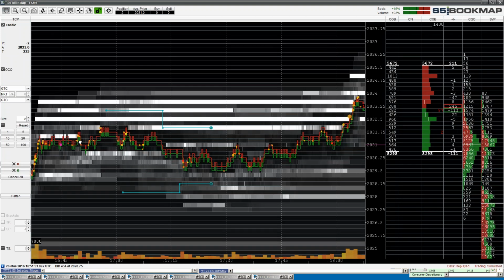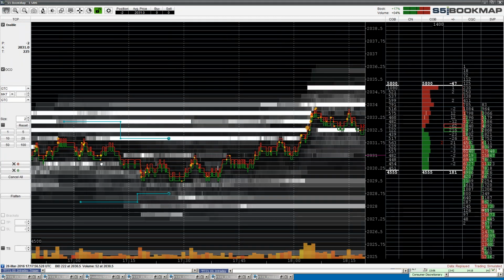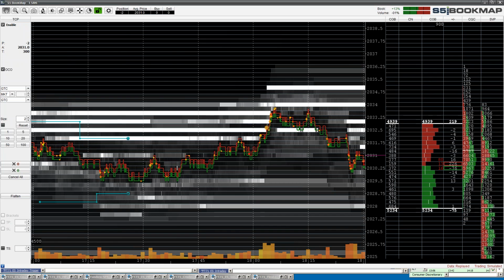So let's say we took a pullback long, right? Let's say right here. The market has consolidated. It's formed a zipper, which is my term for a short-term consolidation, and it has pulled back right here. And now you're looking for the rotation up. You might have gotten long here.